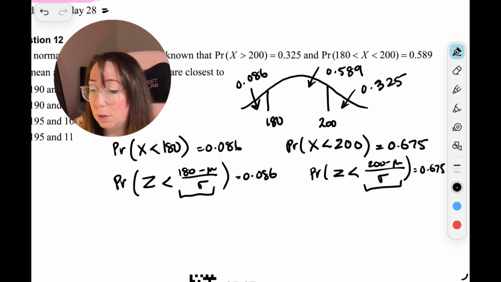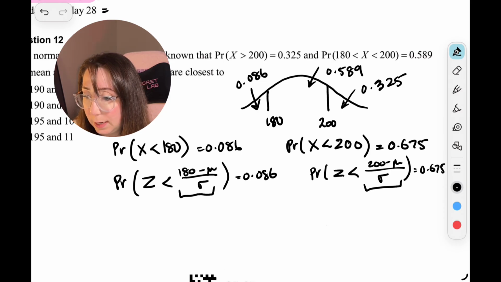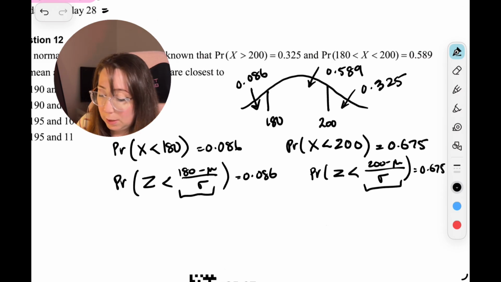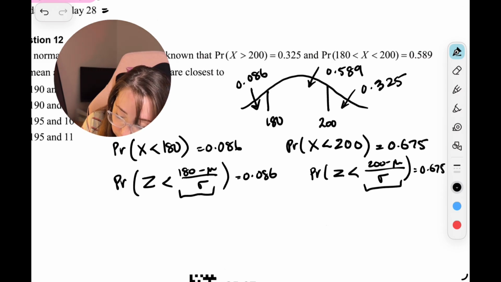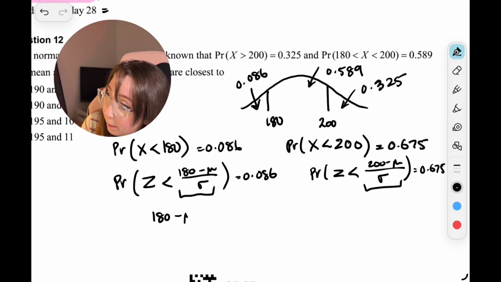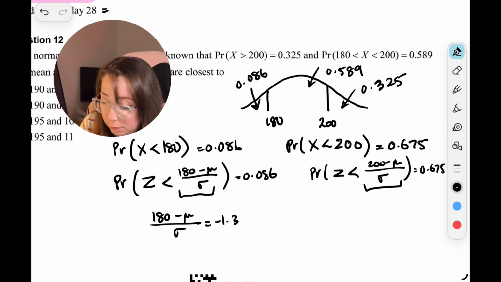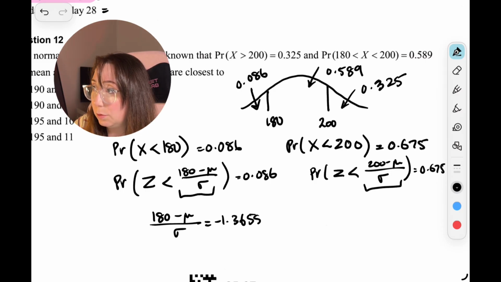So we're going to do inverse normal, and the area that we're looking at is 0.086, mean of 0, standard deviation of 1. That will give me that this inside value is negative 1.36581.